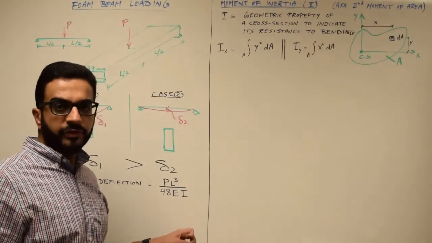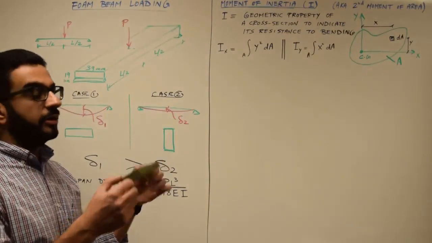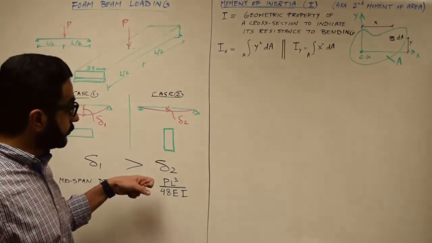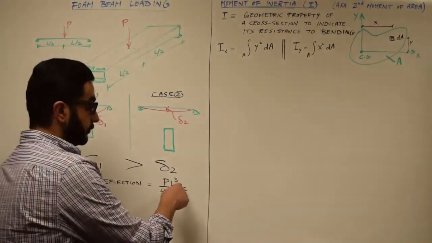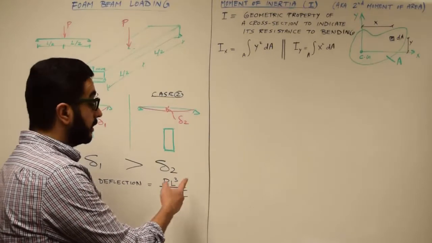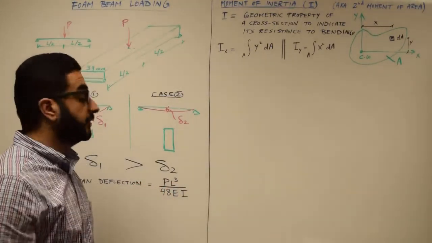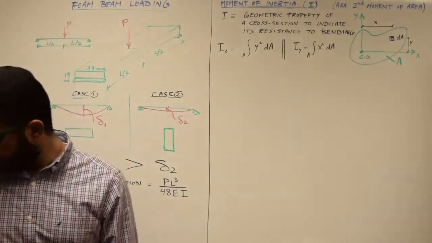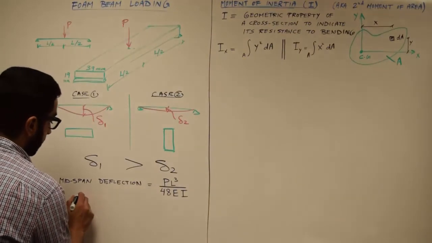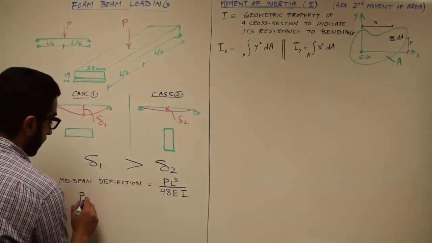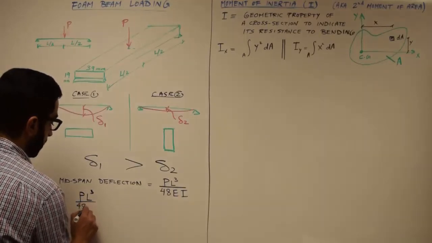And remember the constraints I put on you to figure out this orientation: basically I try to fix all the values you have here except for I. So I told you don't change the dimensions, meaning L, don't change P, don't change the material E, so you end up with, in some way, I. So if you compare now this delta and delta, everything in the formula, P is the same, L is the same, divided by 48, E is the same.